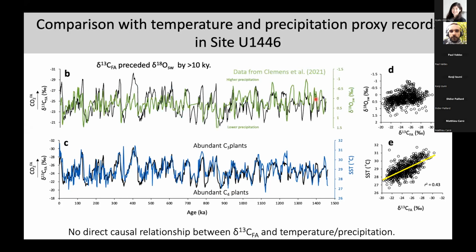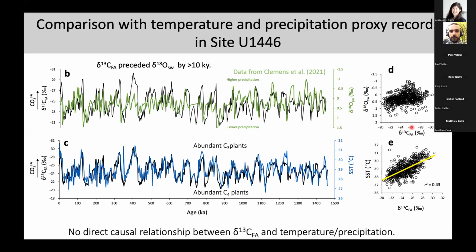Then the green line indicates the oxygen isotopic composition of seawater of the Bay of Bengal. This was calculated from the planktic foraminifera oxygen isotopes by correction of temperature and the global ice volume.